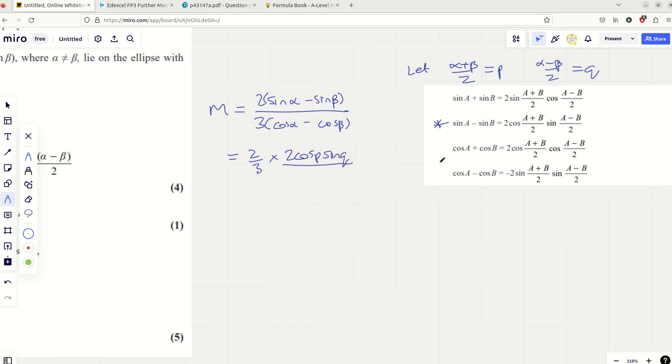And then cos alpha minus cos beta, you've got minus 2 sine p sine q. The sine q's cancel, and you're left with minus 2/3 cot p, which is lovely. Minus 2/3 cot p.